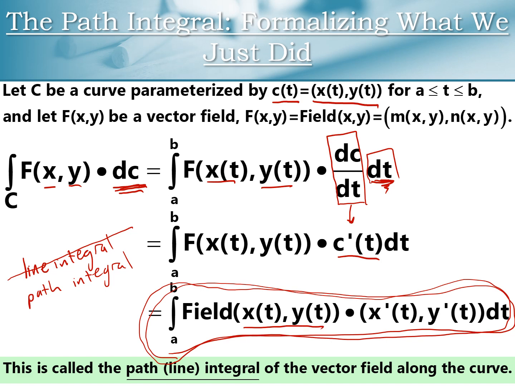I like path integral better because I like the idea that we can take any path in two-dimensional space called C, and we can accumulate as we follow along that path. It doesn't have to be a straight line. Certainly it's convenient when we integrate along a straight line, but that's in no way a guarantee in this course. So I kind of like path integral as my preferred terminology.